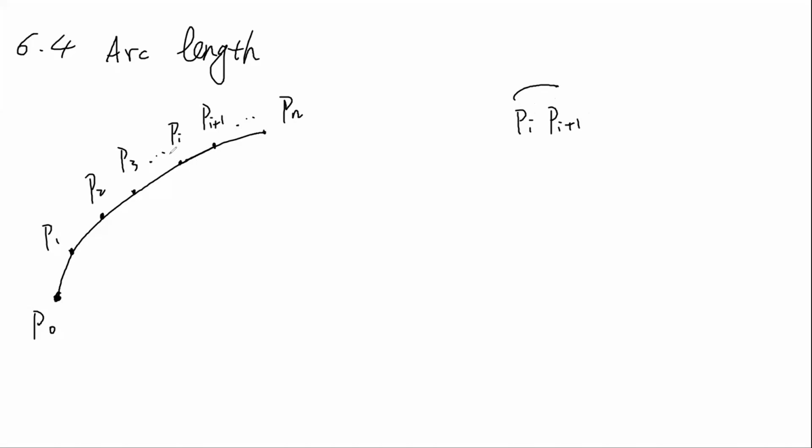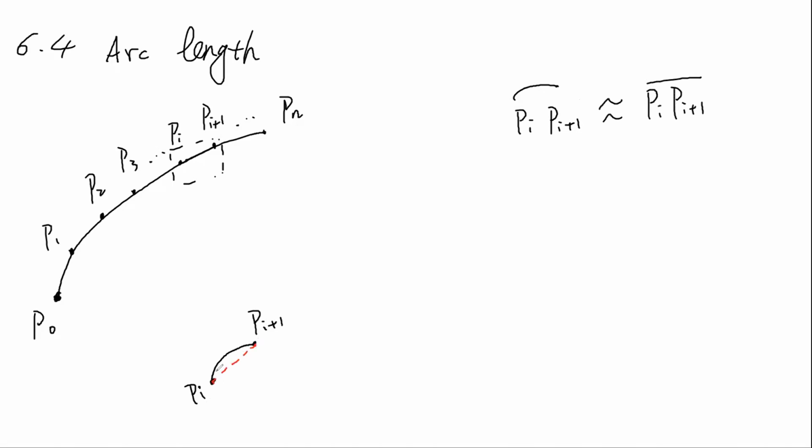If we zoom in on this part, originally the arc was like this, up to P_{i+1}. When these subarcs are small enough, we can approximate the arc length from P_i to P_{i+1} by the length of the segment from P_i to P_{i+1}.